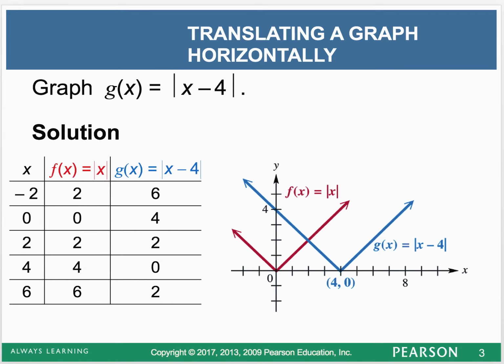Anytime you have anything like that, it affects your x values. If it's outside, like the one we just had, it affects your y's. So when it's outside your operation, it's going to be a vertical translation and slide up and down your y-axis. If it's inside, it's going to be a horizontal translation and slide back and forth across your x-axis.